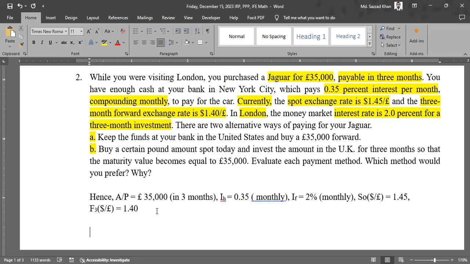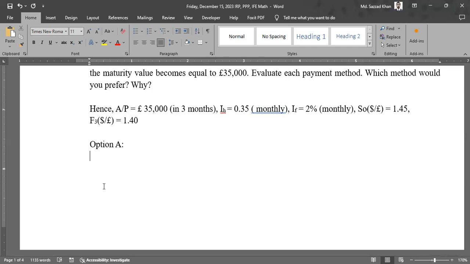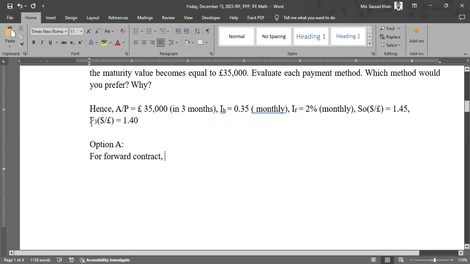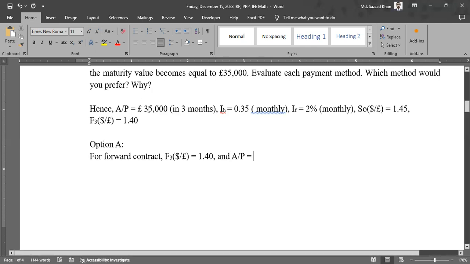Now we test option A. What does option A say? We will buy a forward contract. For forward contract, our forward rate is this, right? And our payable was this.